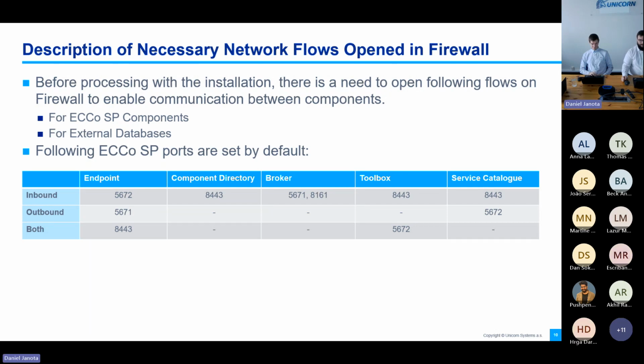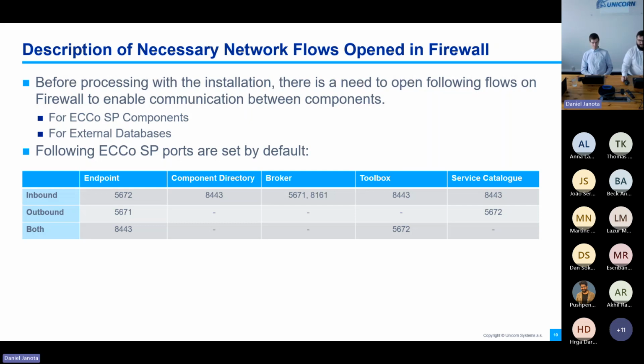Then for outbound connection, there is port 5671. This port is used by the ECP broker for messaging, and inbound port 5672 for the ECP endpoint's internal broker, again for messaging.